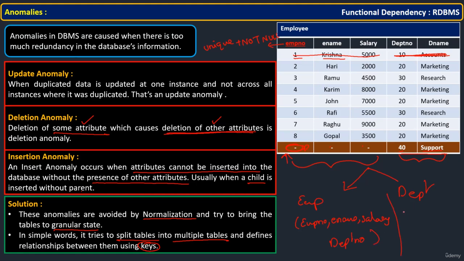And in the department table, we take DEPT number and D name. DEPT number is going to become the primary key here, and employee number is going to become the primary key in the EMP table. But this department number we are using in the EMP table also, so this is going to become a foreign key.